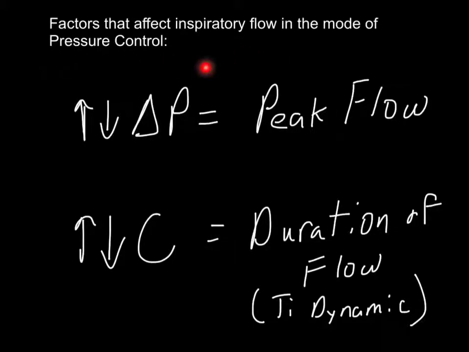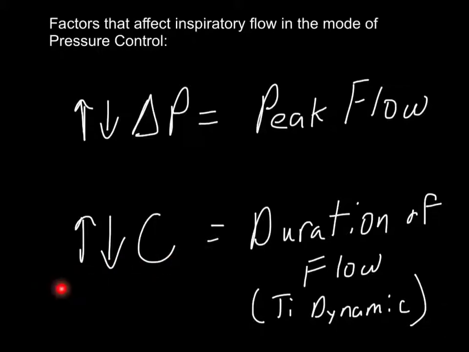So if I wanted to discuss and abbreviate the factors that affect inspiratory flow in the mode of pressure control, I would break it down into these two groups. Changes in our delta pressure, which is our pressure control level over our peak, establish our peak inspiratory flow. All right? They also establish our tidal volume, but for our purposes in this discussion, it's the effects on peak inspiratory flow that's important. Changes in compliance are going to cause a change in our TI dynamic.